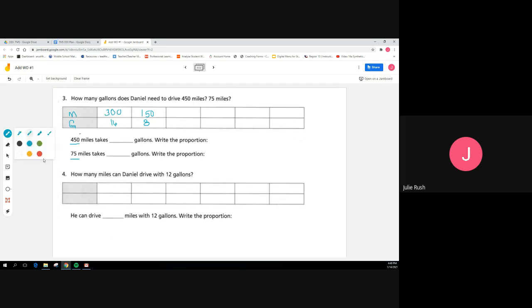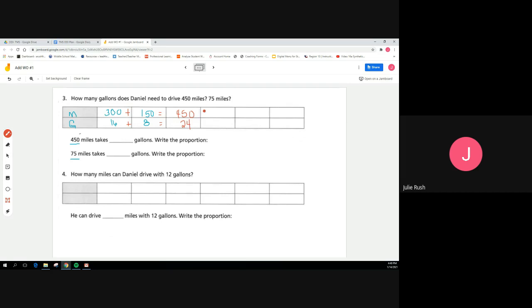Now, once I'm here, I'm going to add 300 and 150 to reach my target of 450 miles. And that means I'm going to have to add the bottom portion that corresponds, and that gives me 24. So with 24 gallons, I can go 450 miles.